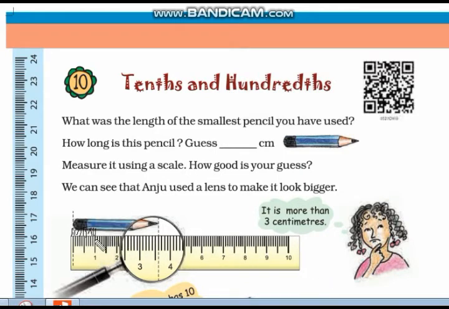Now let's measure this pencil. So this is going from 0 to 3 here. Here is 0, from 0 to 1, 2, 3 and then not up to 4. So we have to count here these smaller lines. These are of millimeter.